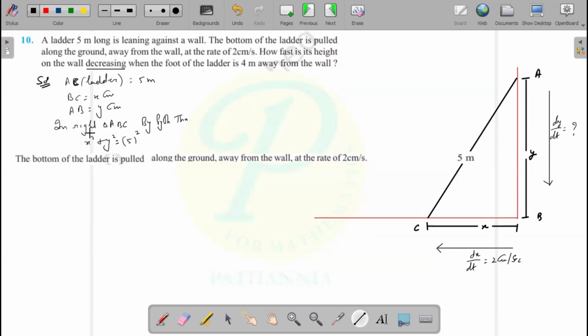बिल्कुल जी करिए। डिफरेंशिएटिंग द इक्वेशन विद रिस्पेक्ट टू टाइम, यूनिट दी हुई है 2 सेंटीमीटर पर सेकेंड। सो डिफरेंशिएट विद रिस्पेक्ट टू टाइम। डिफरेंशिएशन होगी, first with power, then with base, again first with power, then with base equal to 0.